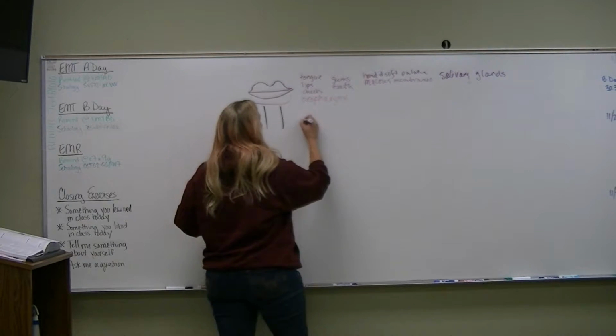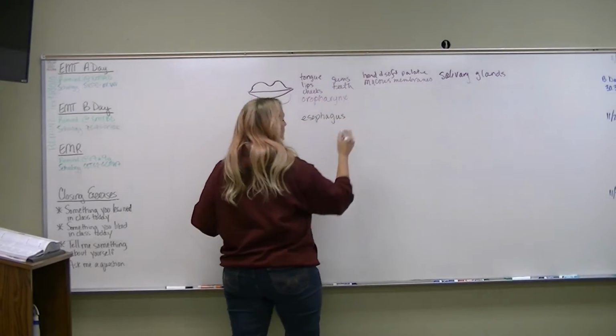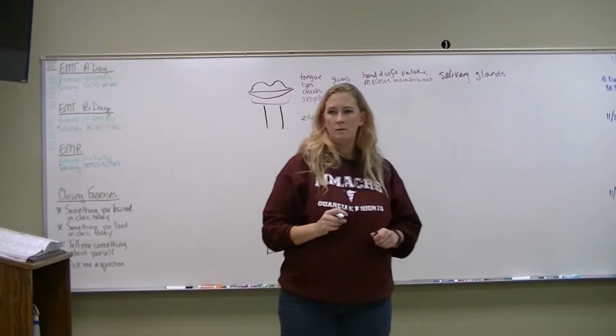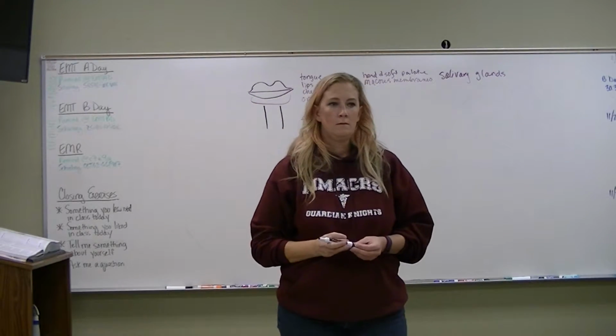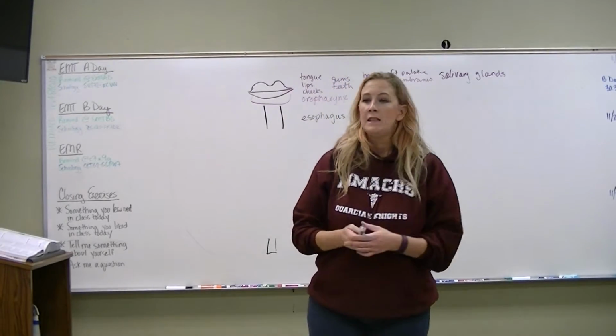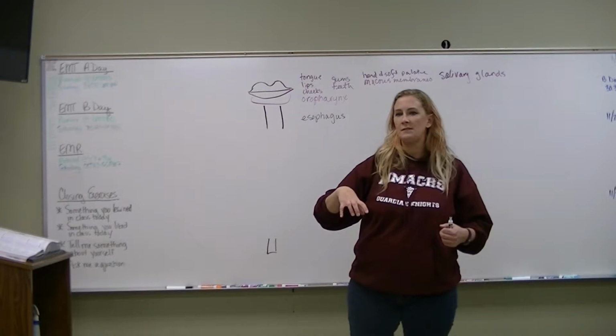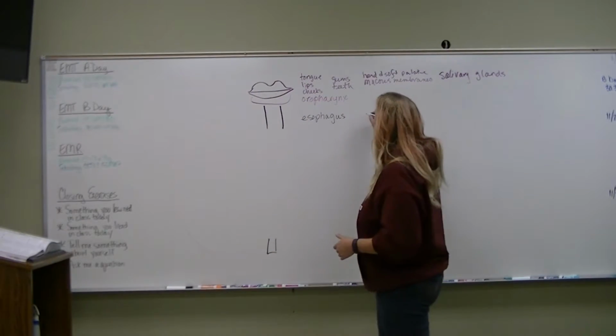So, this is our esophagus. What's the name of that contraction of the muscle? The contraction of this muscle occurs throughout the rest of the digestive system. Okay, this is called peristalsis.